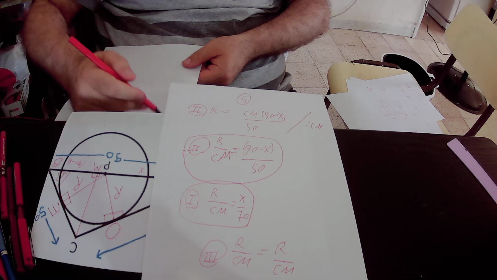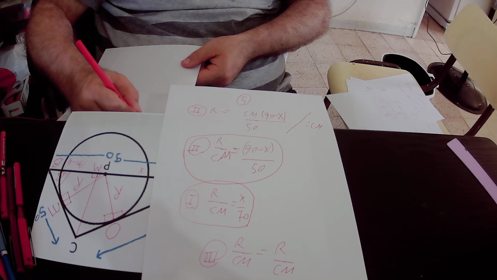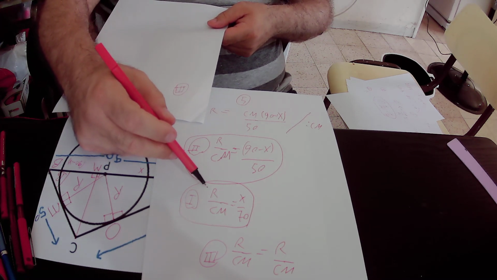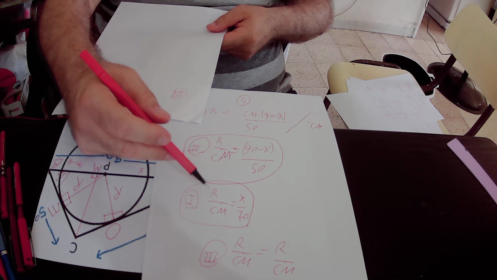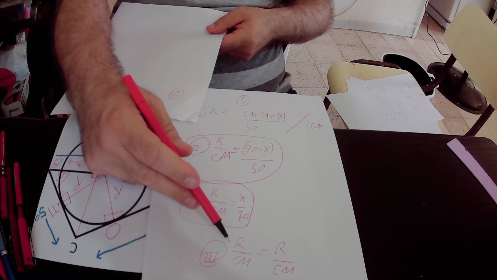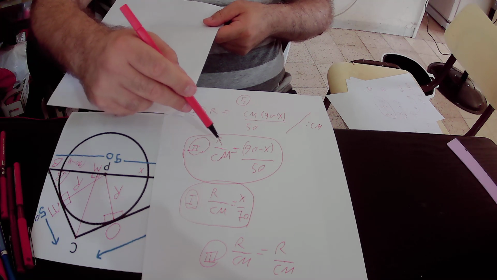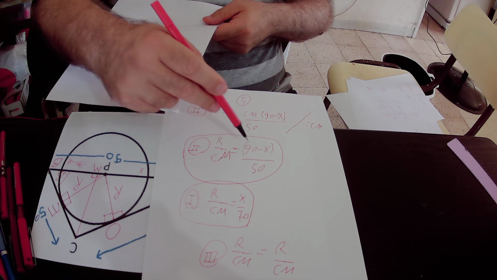Okay, so here in this side of the equation, we'll substitute R over Cm by the value of R over Cm from the second equation.